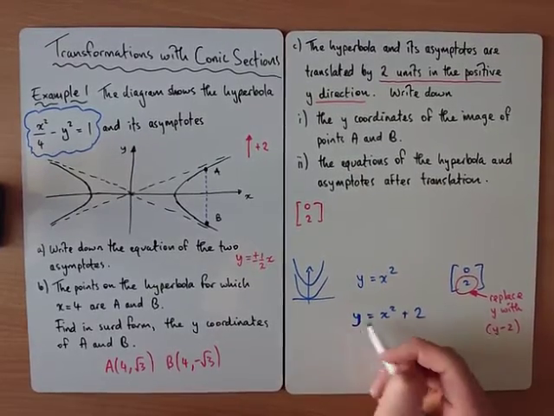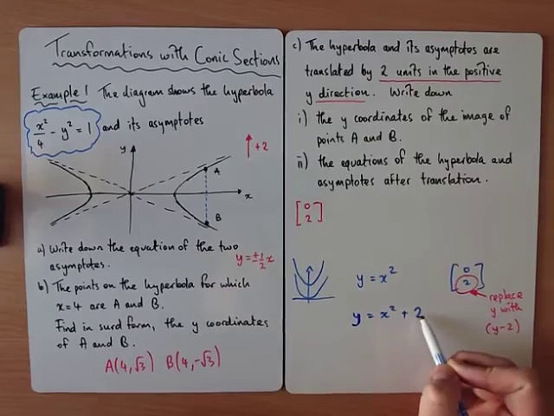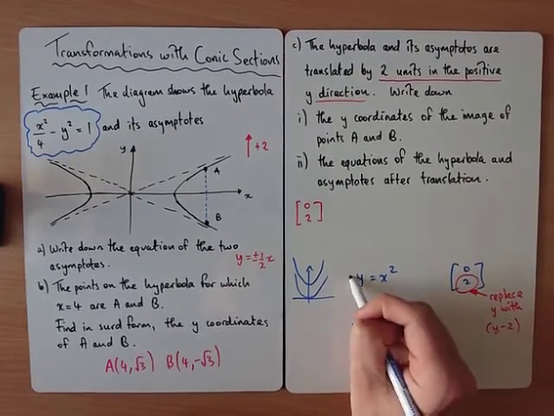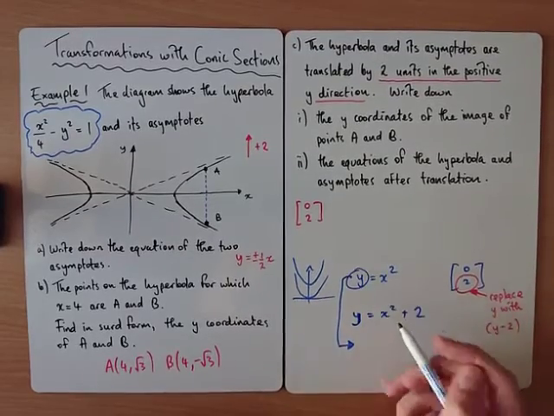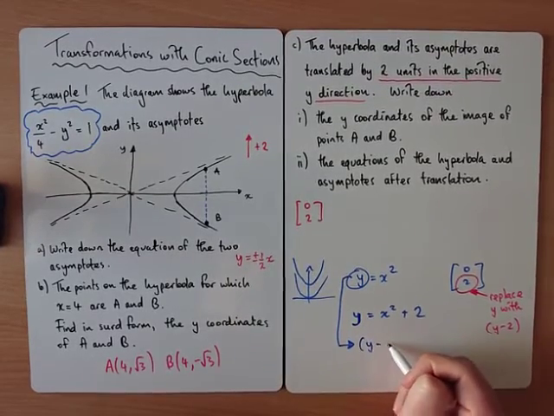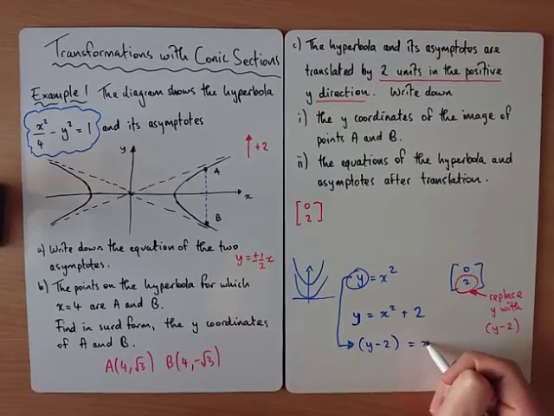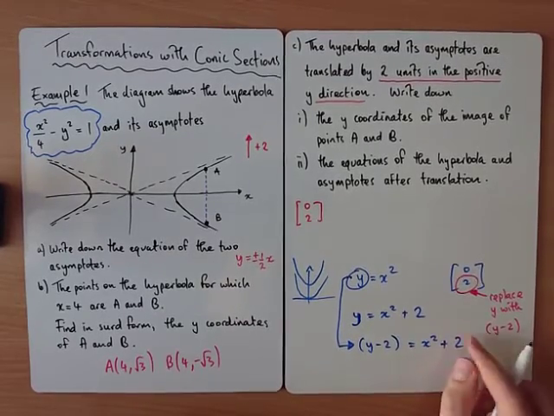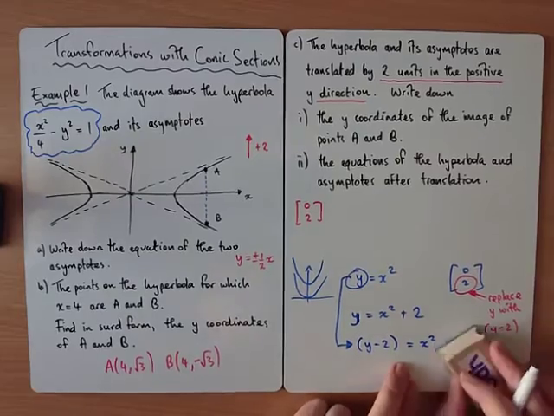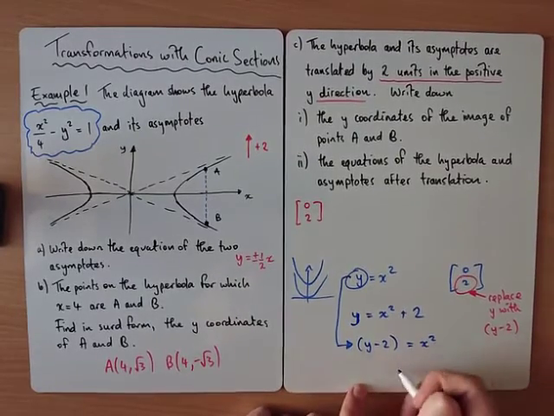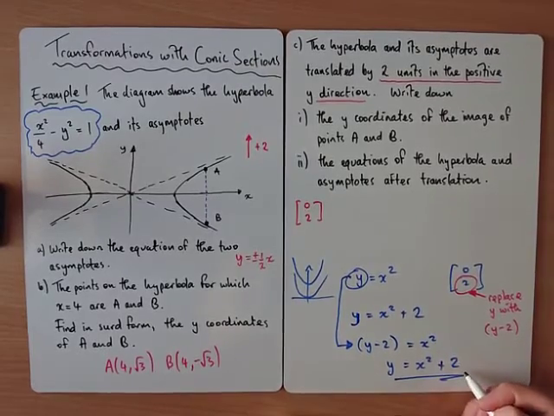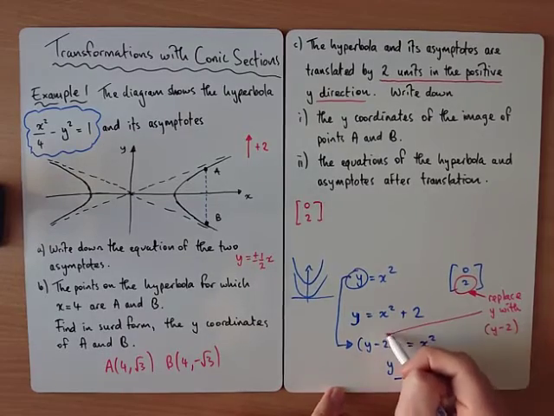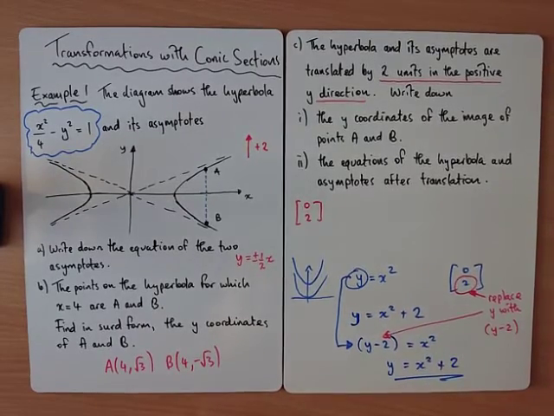And look what I mean, like, you've got away with just adding 2 on here, but really what you should realise is, if the translation's 0, 2, we replace y with y minus 2. And then, if you rearrange that, you would end up with y equals x squared plus 2. So it looks like you've just added 2 to the equation, but really what you've done, or what we should be thinking about, is replacing y with y minus 2.